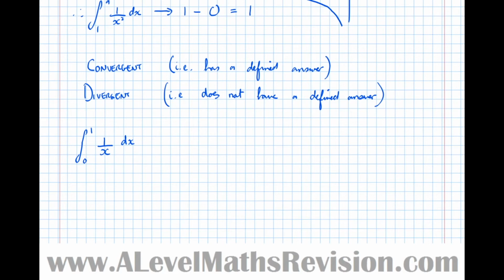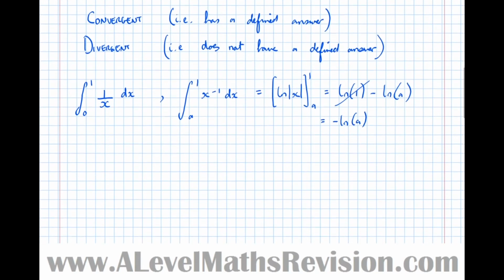So now what we're going to do, we're going to do the integral between 1 and a of 1 over x, or x to the minus 1 dx. Now that's equal to log mod of x between 1 and a equals log 1 take log a. Well, log 1 is just 0 equals minus log a.